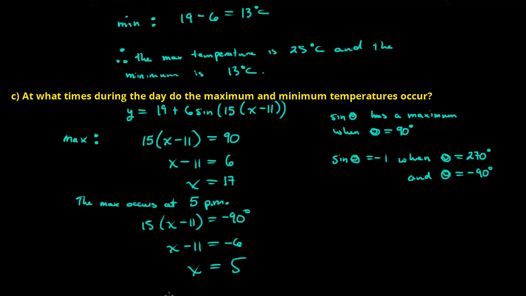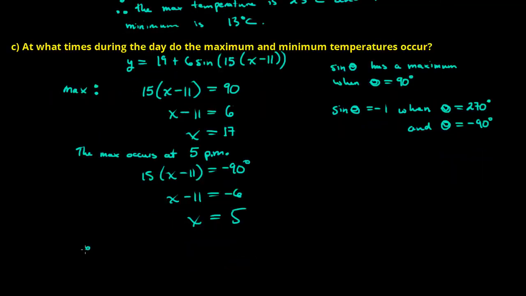So this corresponds to 5 hours past midnight, which is 5 a.m. So therefore, the minimum temperature occurs at 5 a.m.